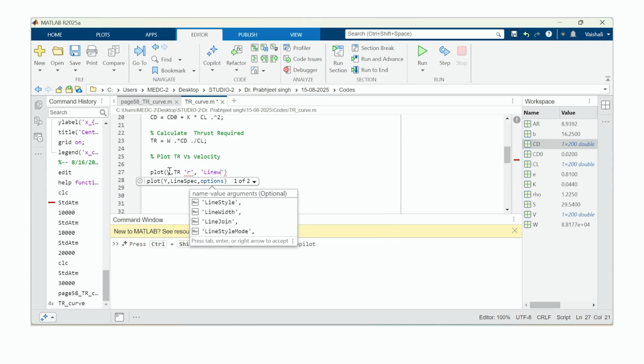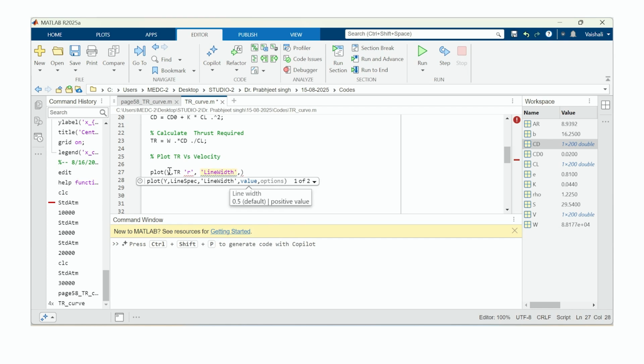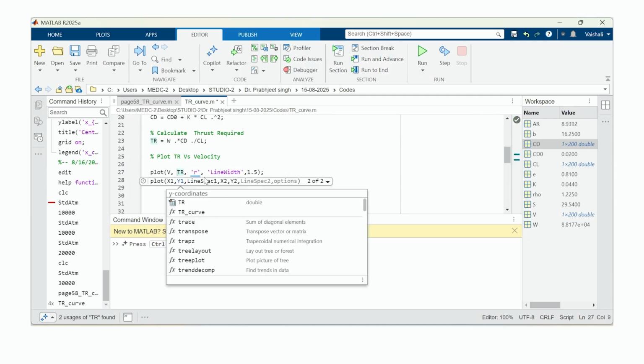The line width equals, line width comma 1.5. So V comma TR comma, here should be a comma, right? Now it's fine.